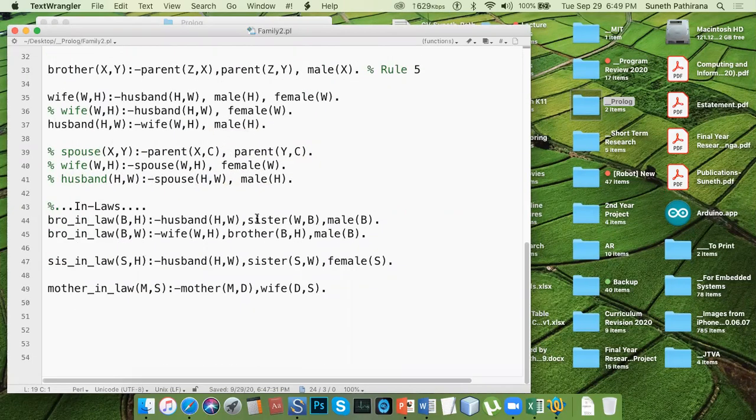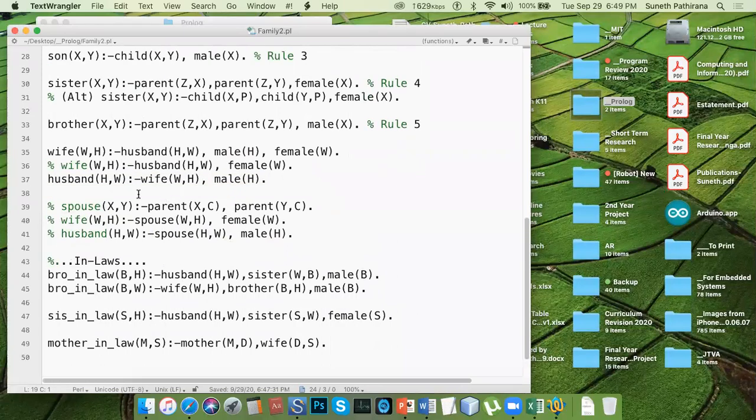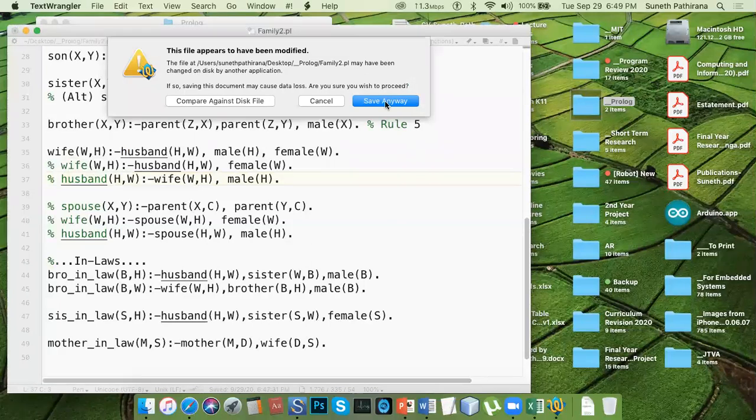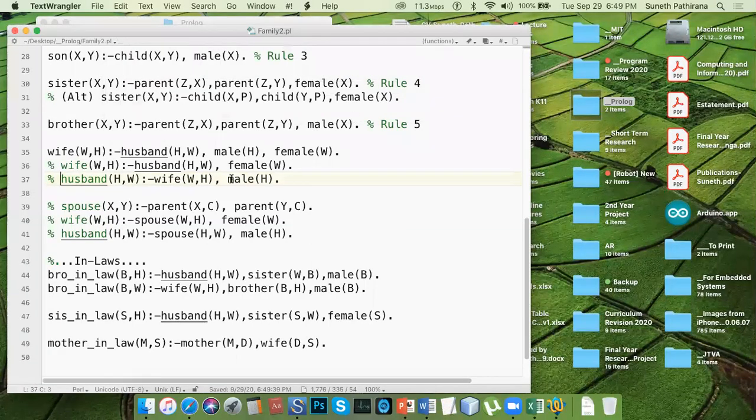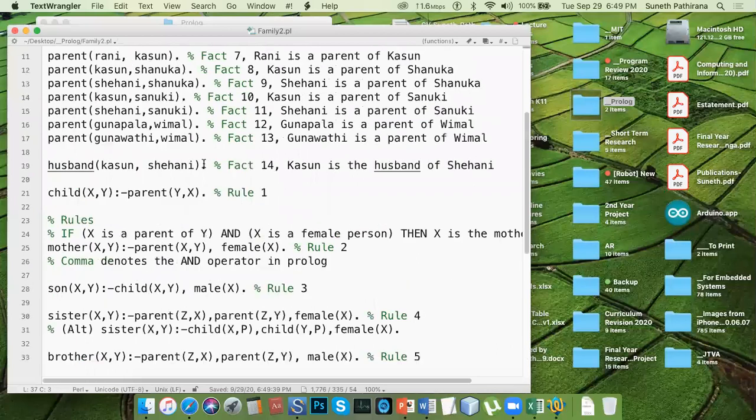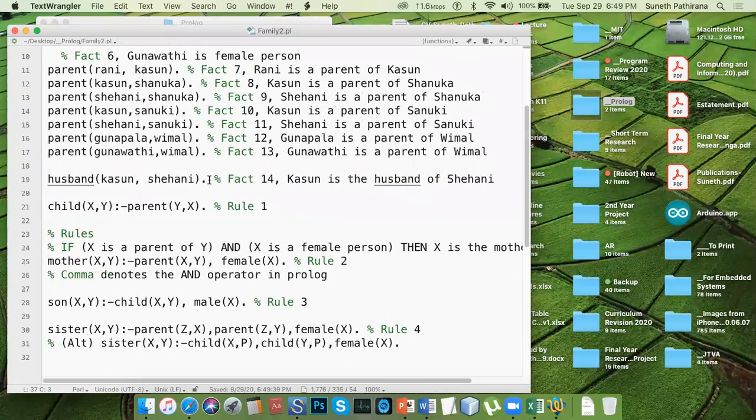That means we should already have the husband relationship at least in data form. Here we have the husband. There is no need to define it now, that means it's already there. That means we have only this information. Shall we add one more statement here?